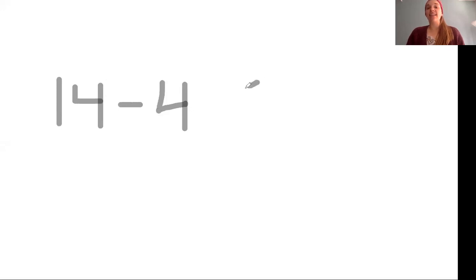So our next equation would be 14 minus 4 is less than 12. So remember, whatever is on either side of this symbol, we have to solve for.